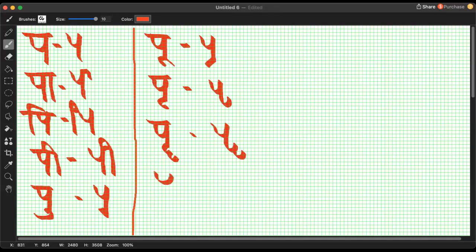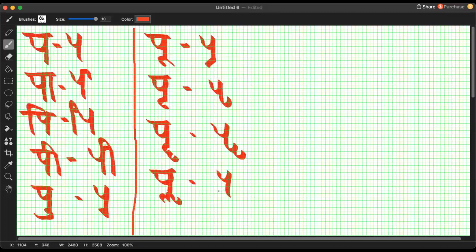Then we have Lr. This is Devanagari Lr. As I told you, this can be written in two ways.